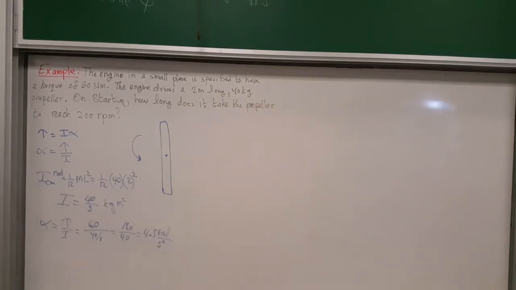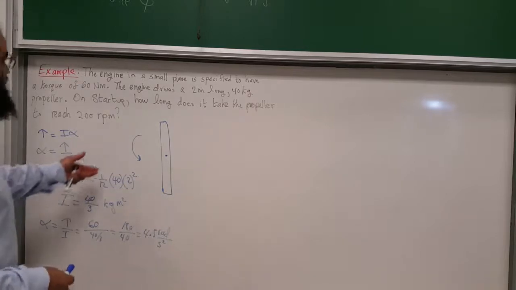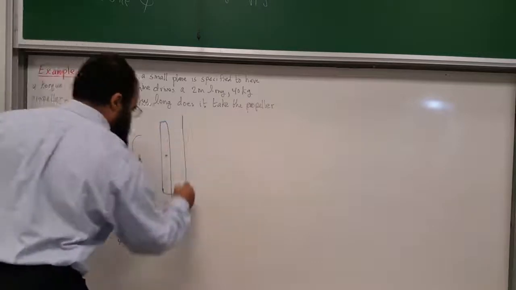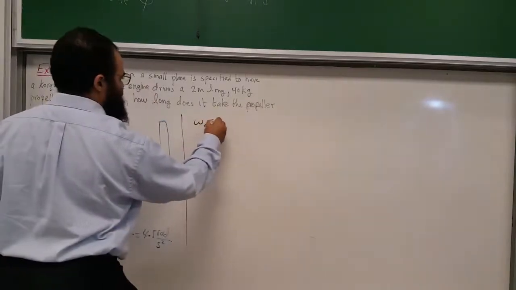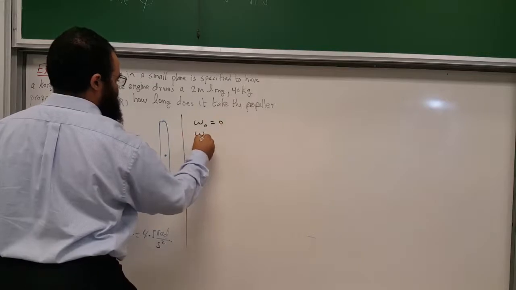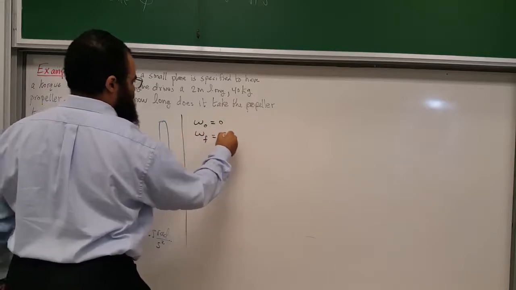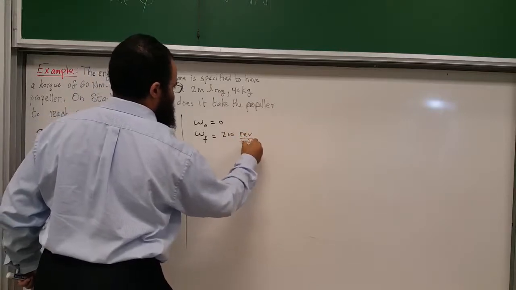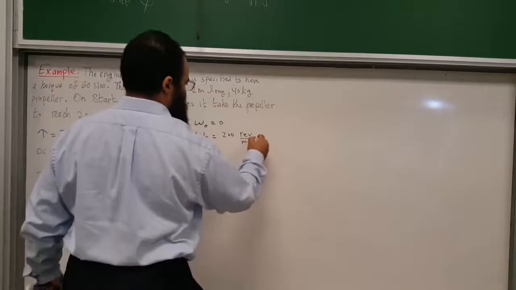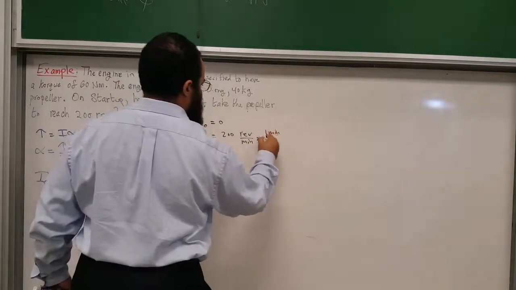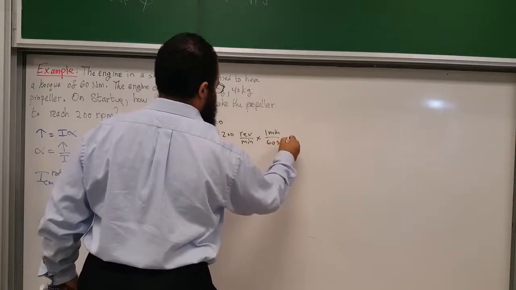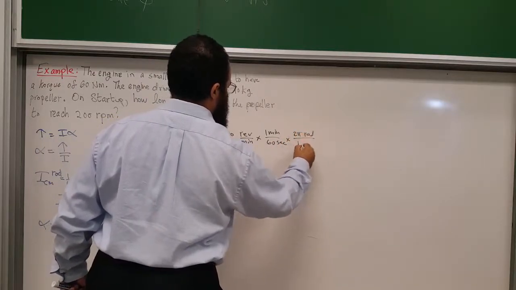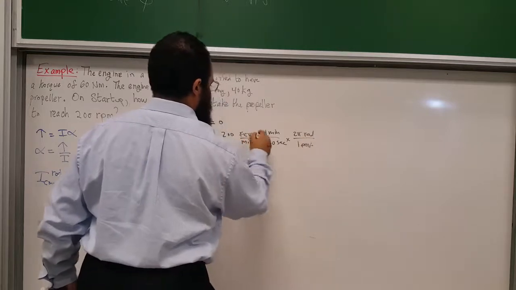Okay. And we would like to know how long it will take to reach the 200 RPM. Well, first, omega initial is 0. We would like omega final to be 200 RPM. That's revolutions per minute. I need it in radians per second to be able to use this. So times 1 minute for every 60 seconds, times 2 pi radians for every 1 revolution.